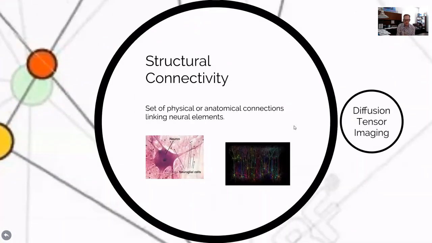Structural connectivity is a set of physical or anatomical connections that actually link neural elements in the brain. So this is the structure, the white matter tracks in the brain, and the neurons and neuronal pathways that actually carry information. So in our world, this is the real thing.